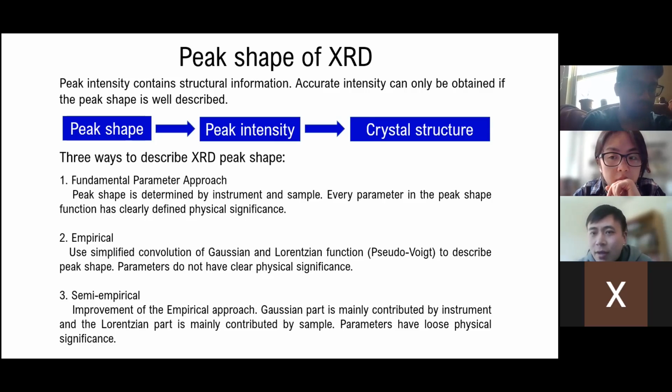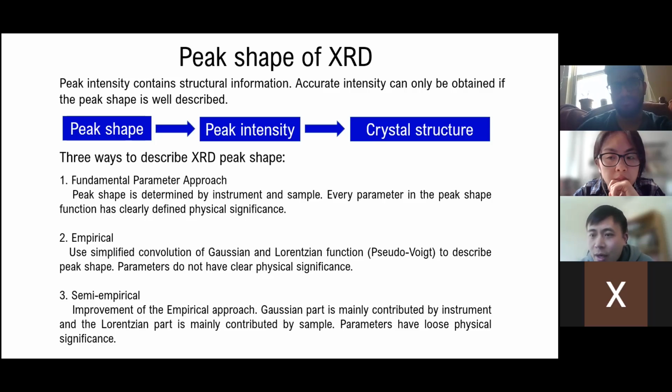And I want to say a few more words. I don't know if you ever wonder why we pay attention to the profile function specifically for X-ray diffraction. It seems that for other techniques we do not really talk too much about peak shapes, right? For example, for XPS, for XAS, or for other spectroscopy tools, we normally do not care that much.